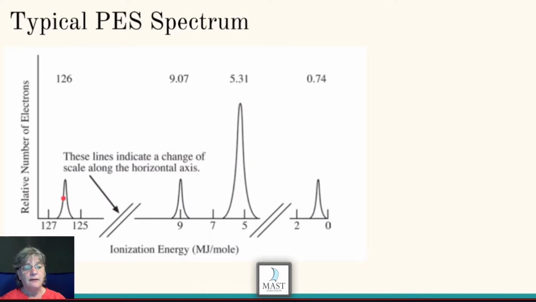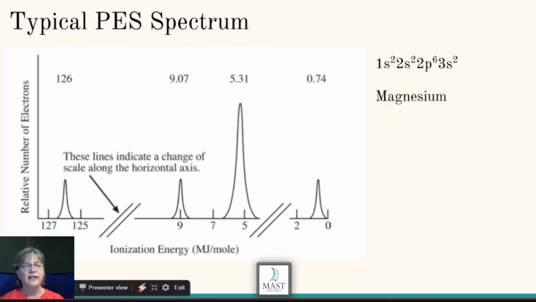So this peak, the one at 9.07 and the one at 0.74, each hold 2 electrons. The peak at 5.31 megajoules per mole is 3 times higher than the other peaks. That means it holds 3 times the electrons for a total of 6. The electron configuration that this graph represents is 1s2, 2s2, 2p6, 3s2.